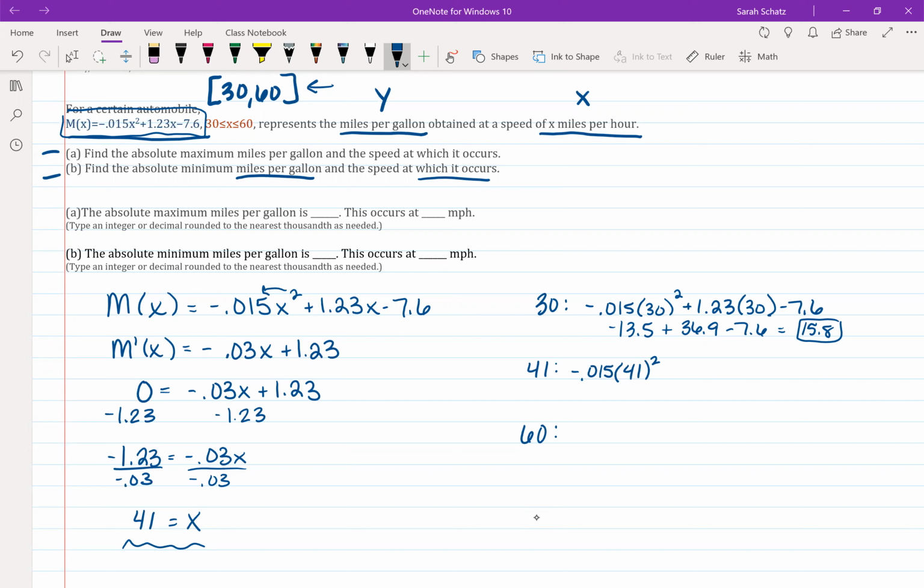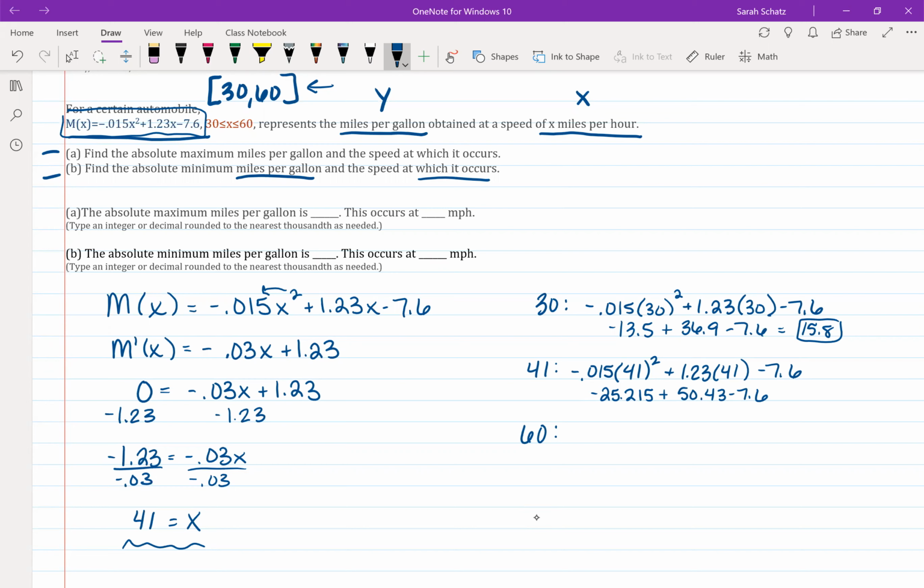So I have negative 0.015 times 41 squared this time, plus 1.23 times 41 minus 7.6. So 41 times 41 times 0.015. This value is negative 25.215 plus 50.43 minus the 7.6.